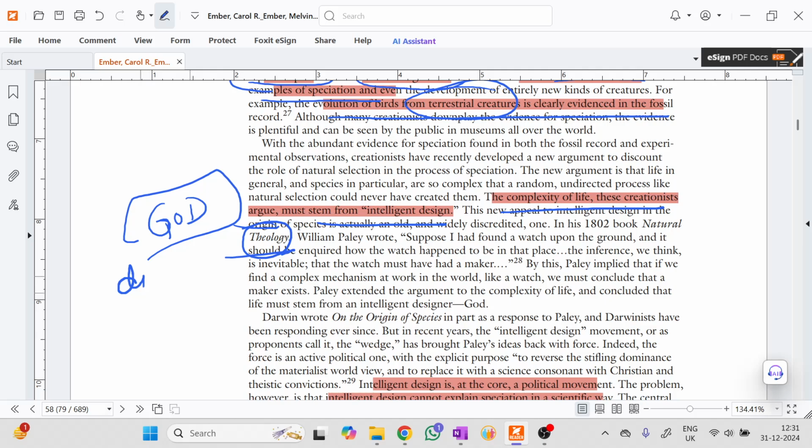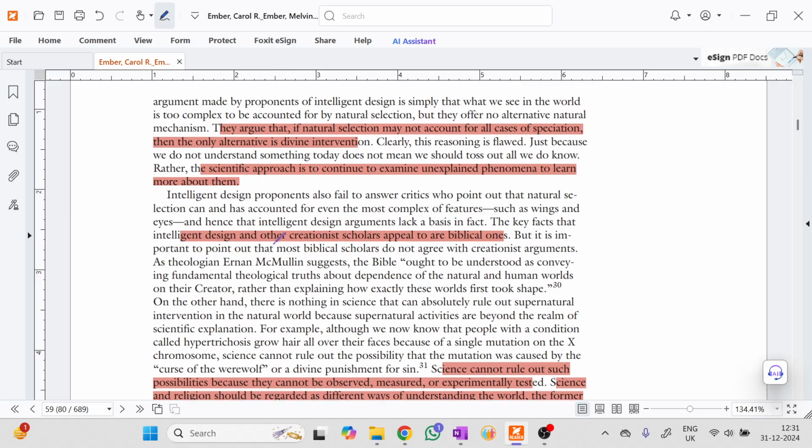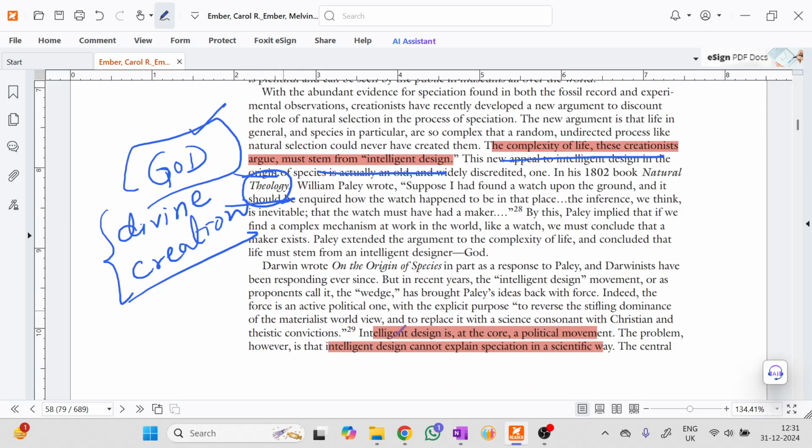So according to them, the creation of new species, new individuals, should be a work of a divine entity, which means God. And intelligent design is at the core of a political movement.